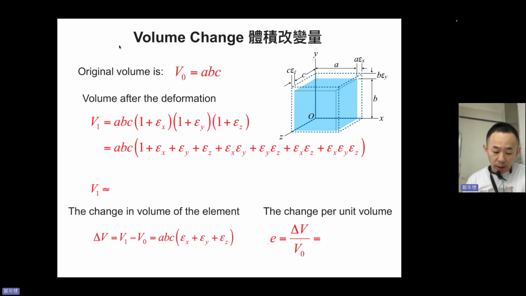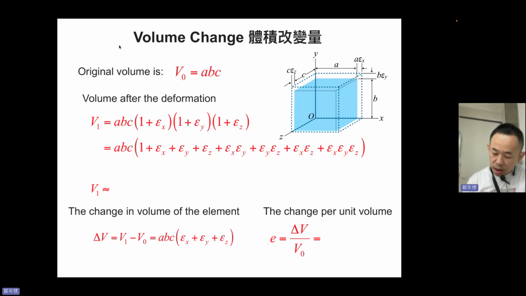You can see a plus a epsilon x, so this is what you get here, right? And likewise for b and c. Multiply them all together and you get this long expression for the volume after deformation, V1.